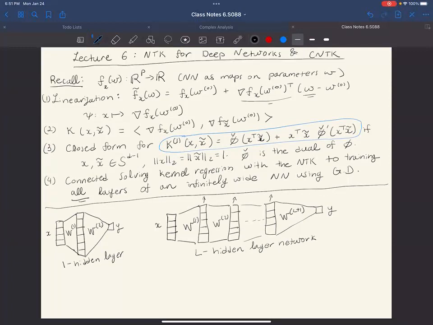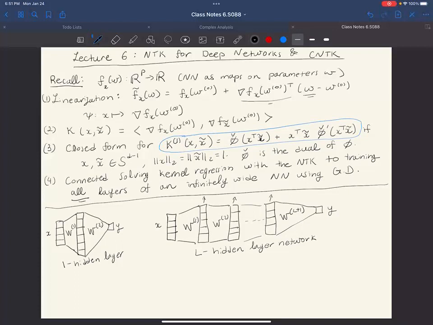And so let's get into a description of how to do this. By the way, why would we want to do this? Why would we want to compute the NTK for a deep network? Shouldn't the one hidden layer already be good? It can fit pretty much any data set. It's a kernel. Well, it turns out that in certain cases, maybe you see that a deep neural network is actually beneficial for your task. Having more than one hidden layer is actually good.